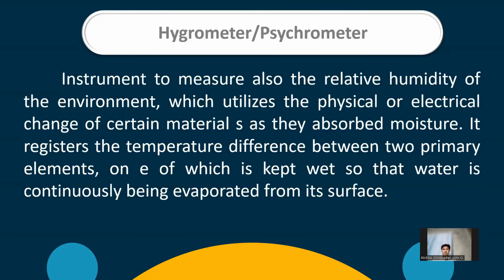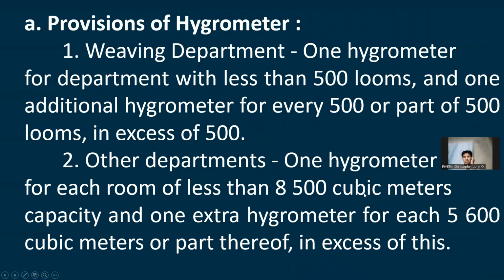Hygrometer or psychrometer, an instrument to also measure the relative humidity of the environment, which utilizes the physical or electrical change of certain materials as they absorb moisture. It registers the temperature difference between two primary elements, one of which is kept wet so that water is continuously being evaporated from its surface.